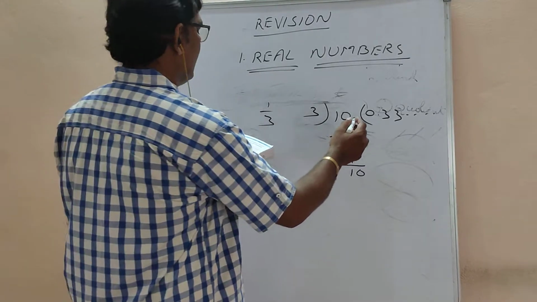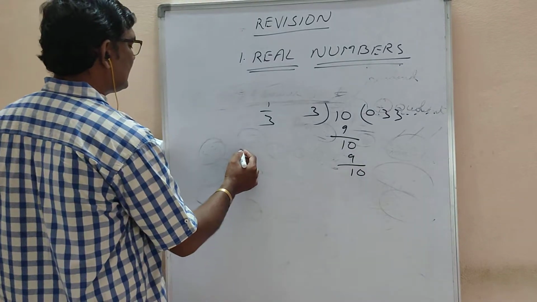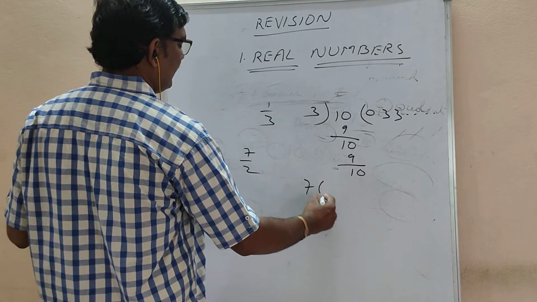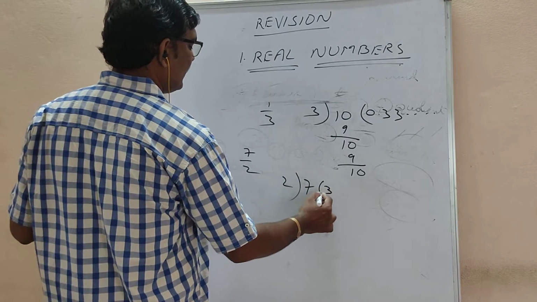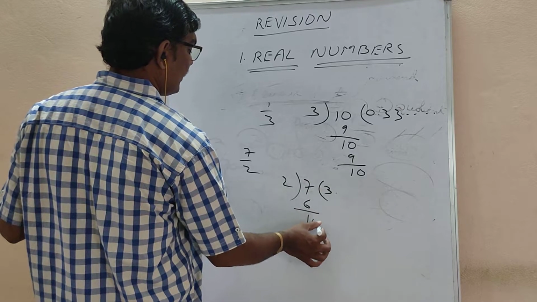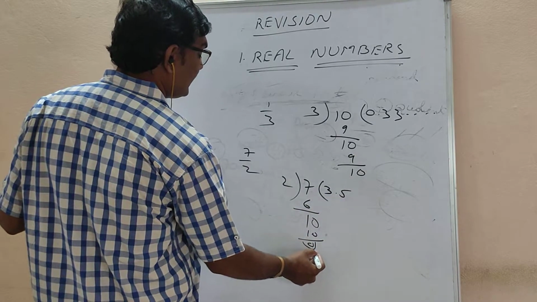So what he is asking is if the decimal form terminates, like 7 by 2: if you divide 7 by 2, 2 3 is a 6, 1 is there, if you keep the decimal, 0 will come, 2 5 is a 10. What happened? You got remainder 0.